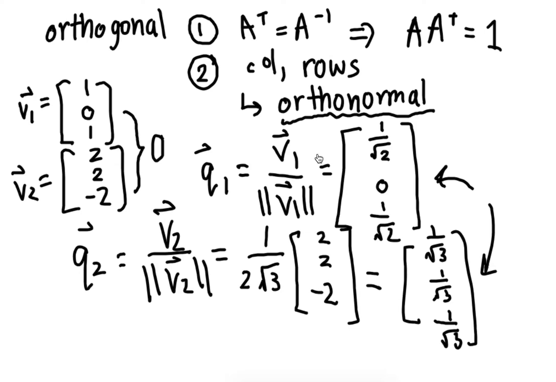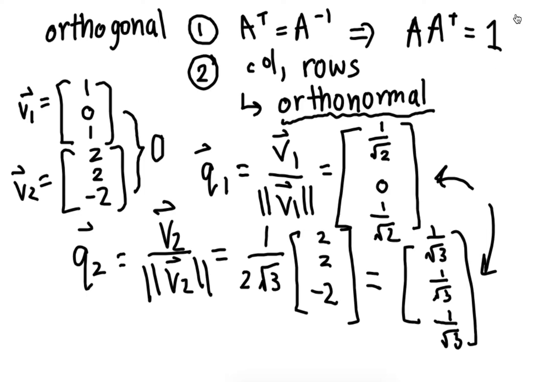The interesting thing here is that an orthogonal matrix is composed of orthonormal column vectors and row vectors as well. It's a bit counterintuitive, but that's just how it's defined.